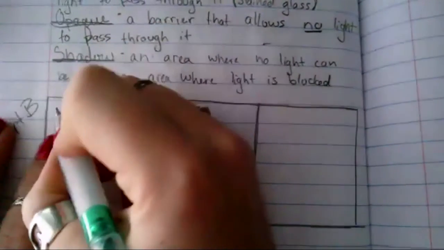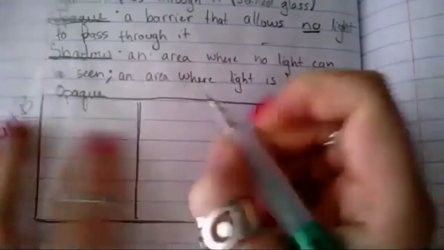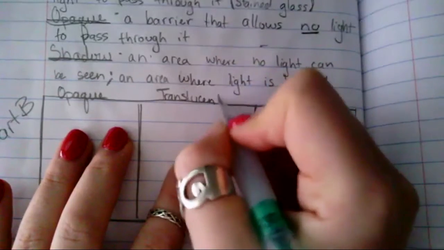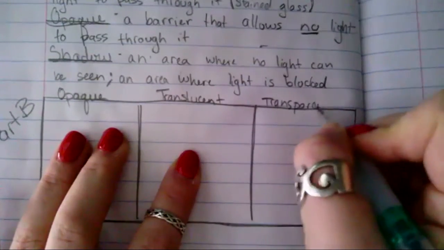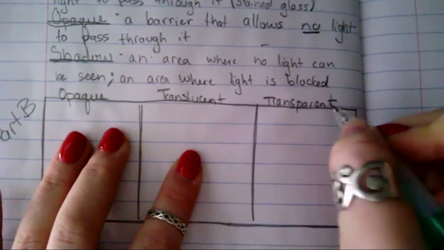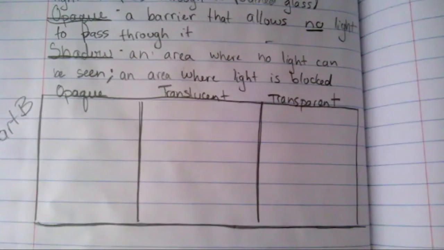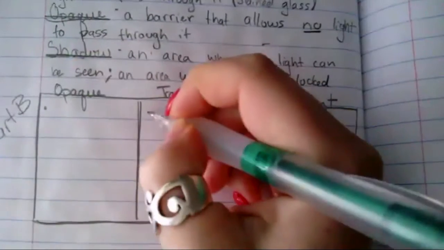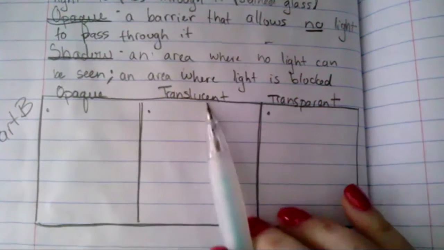Okay, so we have opaque, translucent, and transparent. It's been 6 days since we learned what these 3 words meant. What sort of observations have you made? What sort of things have you seen that are either opaque, translucent, or transparent?